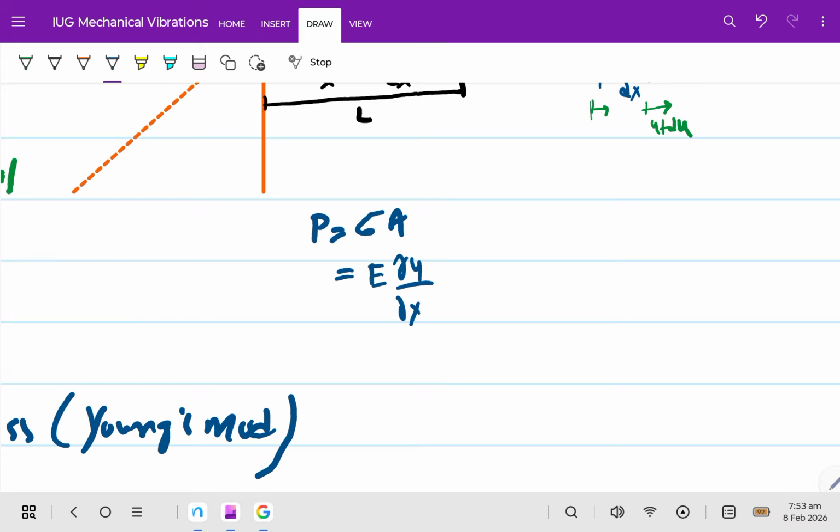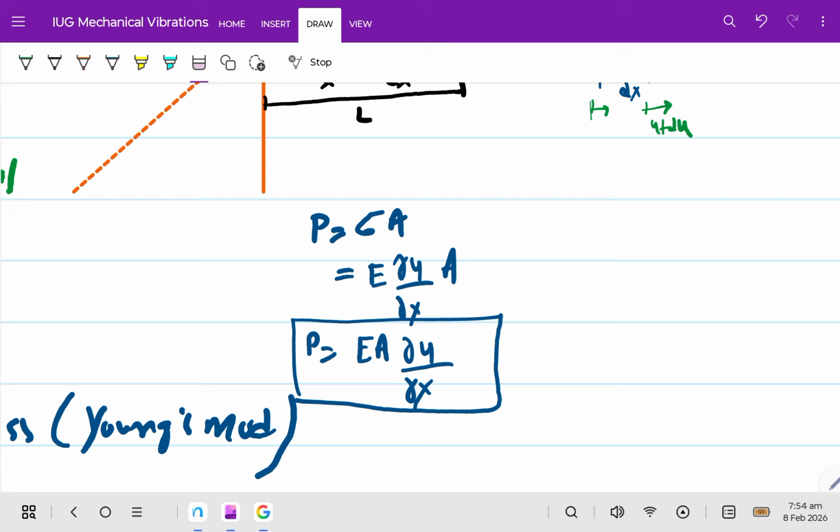So the strain, the elongation in the beam with respect to position X, is partial U over partial X, into the area. So that's our new pressure equation, or you can write it as E A partial U over partial X. So just remember this expression. I will write it nicely.